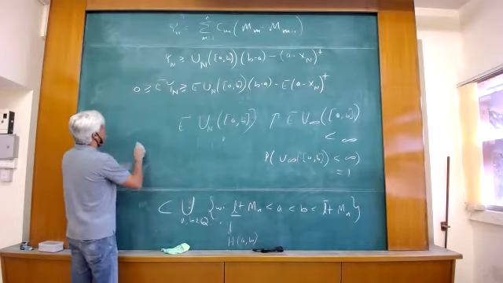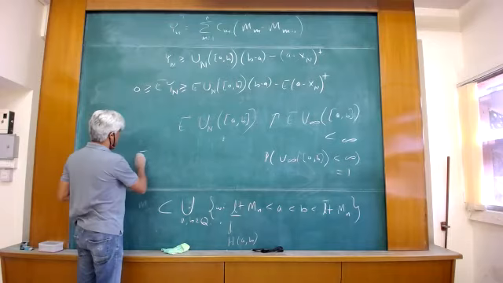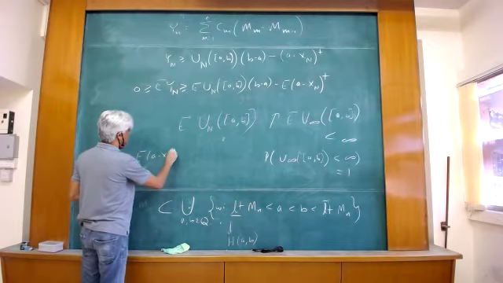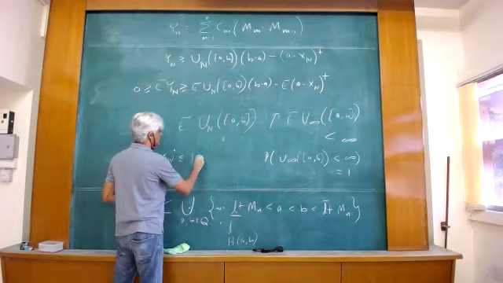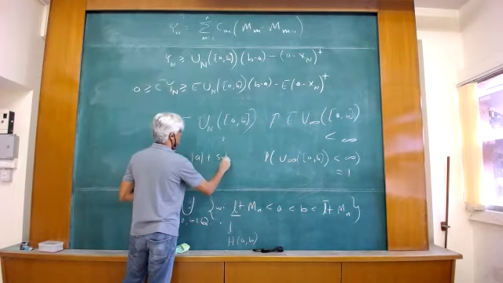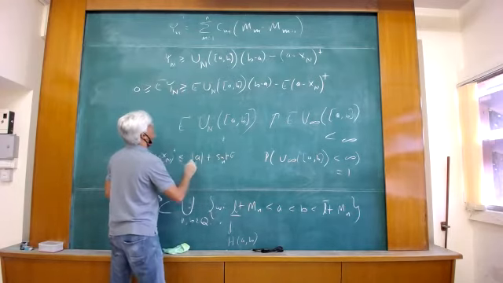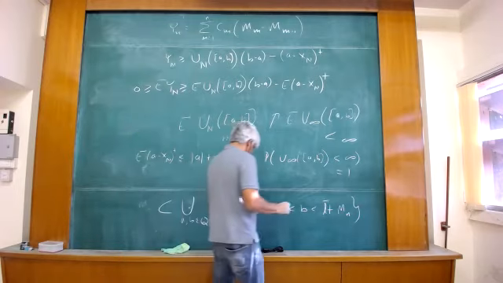E of this is less than, so E of A minus xn, that you can just upper bound by... xn is mn. Yeah.